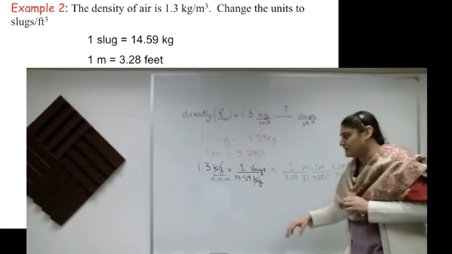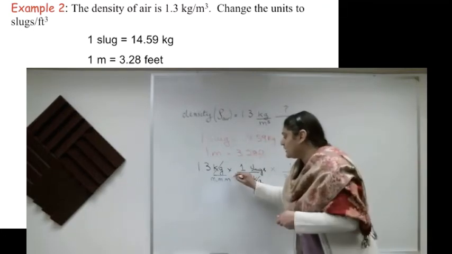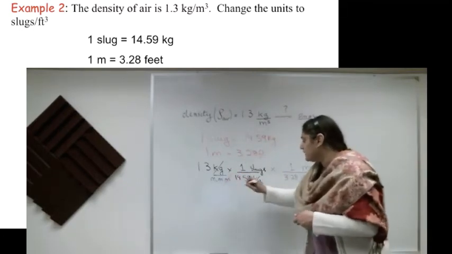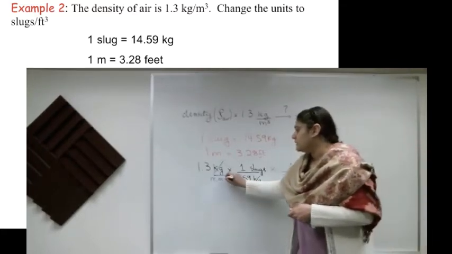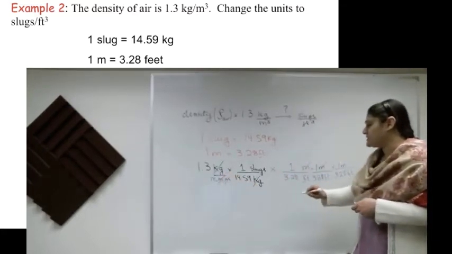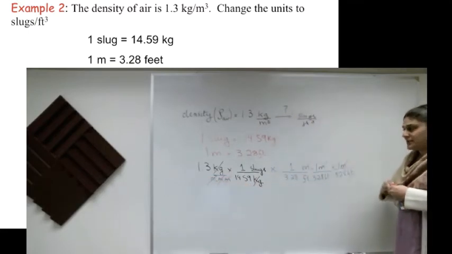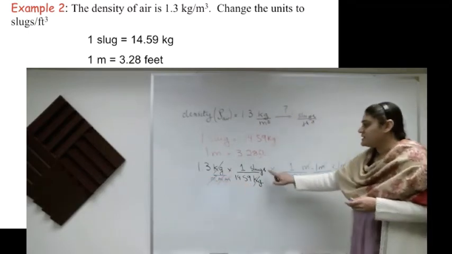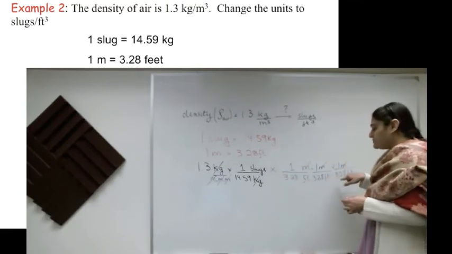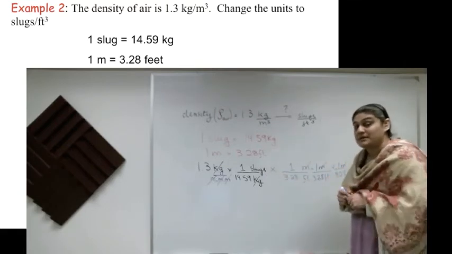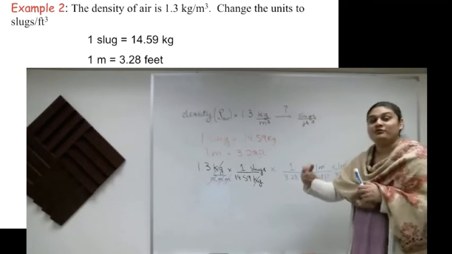So watch carefully what happens now. 1 meter gets canceled with this meter, another meter gets canceled with this meter, and the third meter gets canceled with this meter. And what is my answer going to be? Slugs per feet, per feet, per feet, which can also be written as slugs per feet cubed.